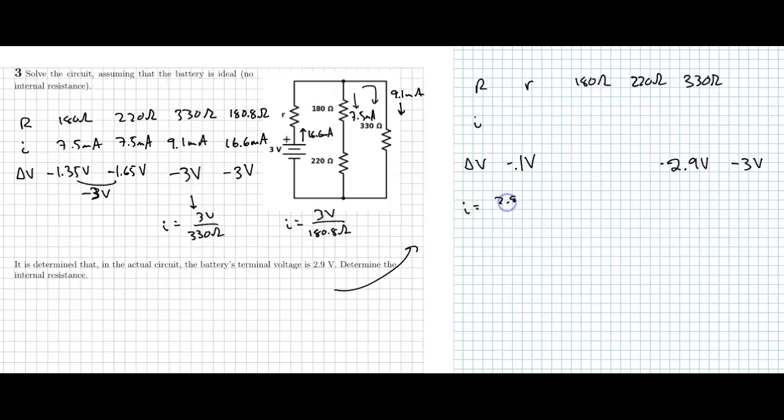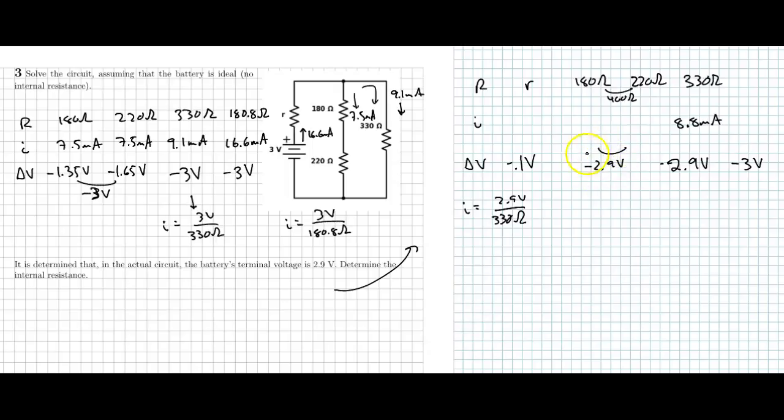Alright, that's enough to get me this current though. So that's 2.9 volts over 330 ohms, which will give me 8.8 milliamps. That's just across this part. But across these two together, those two together are 400 ohms. I know I also have to lose negative 2.9 volts.